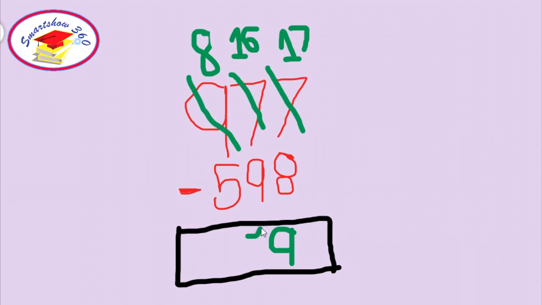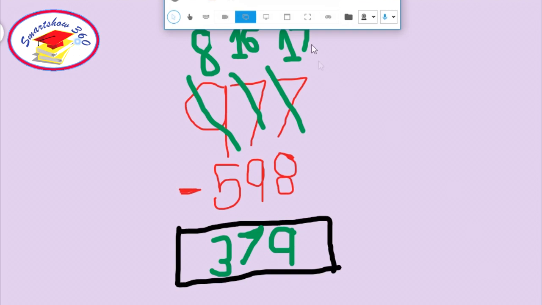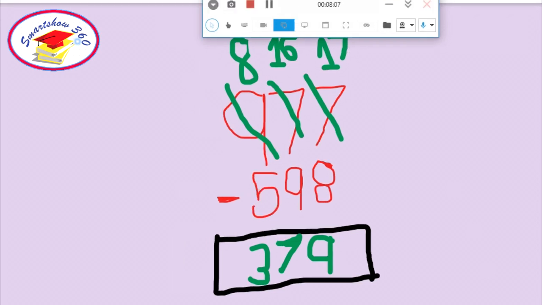Okay, that's a yes. That's 7. 8 minus 5 equals to 3. So the answer is 379. Can you calculate it by yourself and say it is correct or not?